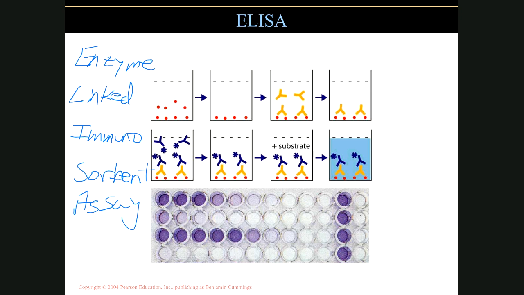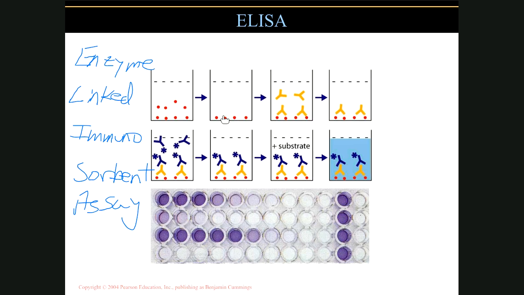So enzyme-linked immunosorbent assay. So you have these plates with these plastic wells, and you have antigen in the well. So whatever kind of antigen that you're testing for is placed in the well.